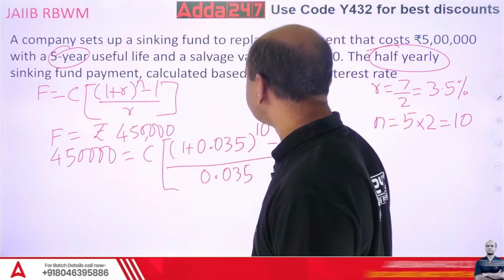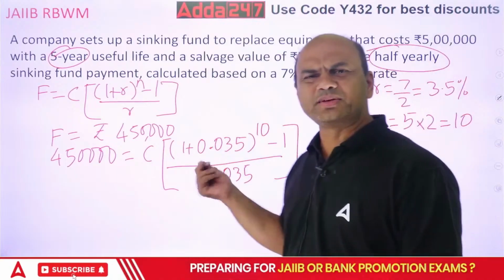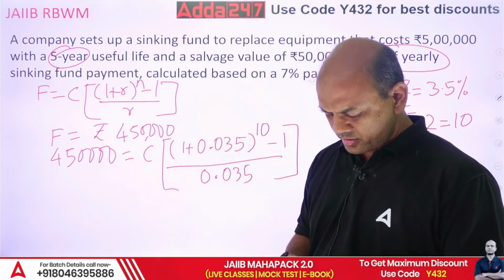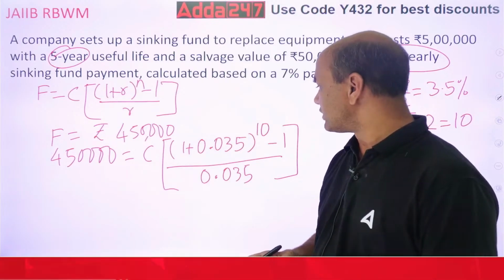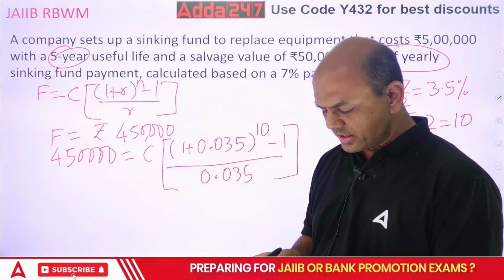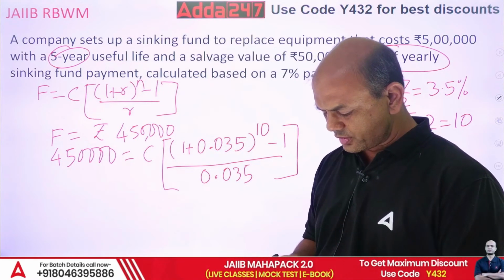Getting this, everyone? Solve this now. Now this is the same as the earlier one. You should be able to solve it. So what is it? 1.035 into equal to 10 times. Do it, everyone.